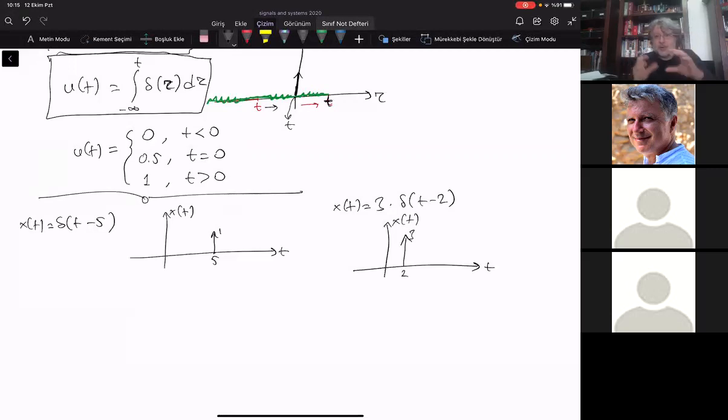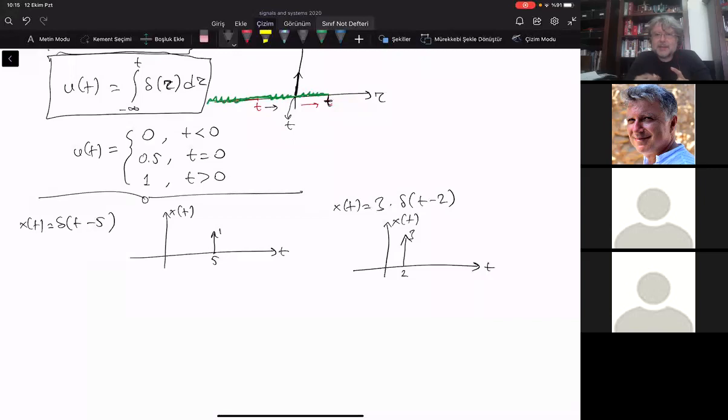So these are shifted or scaled impulses. And the scaling is not the infinite height. It's the area under the impulse becomes 3 now for the last example. Okay, that's how it happens. And it can be negative as well. For example, minus pi times delta of t plus 1. It is an impulse at minus 1. Delta t plus 1 is an impulse at minus 1, with the magnitude of minus pi.